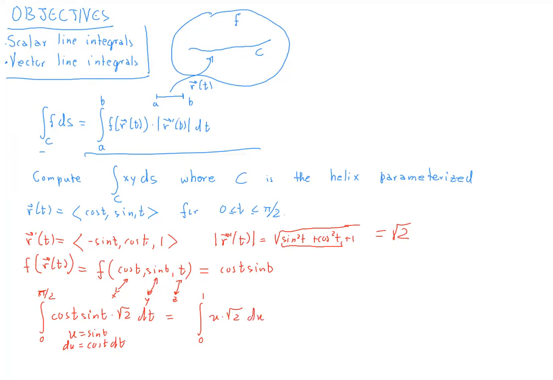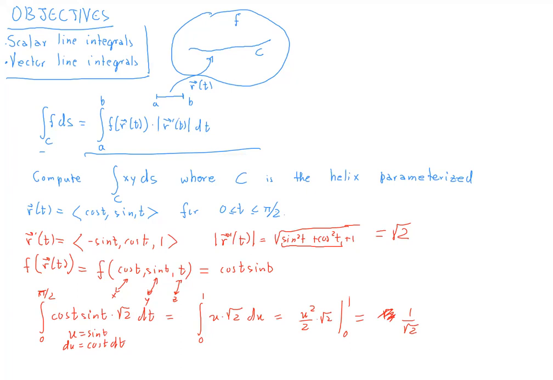We put 0 and 1 because we apply the substitution to the endpoints of the parameterization, and this would give us u squared over 2 times square root of 2 from 0 to 1, and that is going to be simply square root of 2, right? So actually, it's 1 over square root of 2, so 1 over square root of 2. Okay, and that's it.